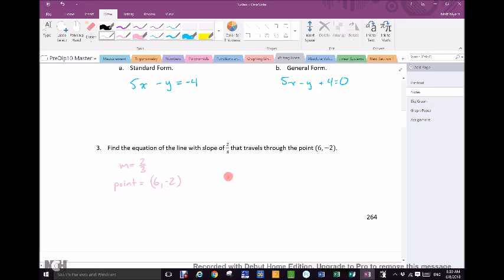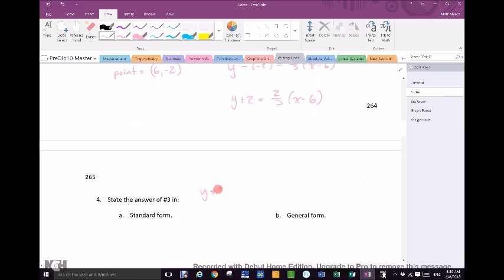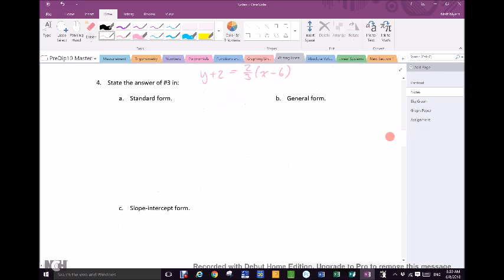Slope-point. y minus -2, because that's the point, equals 2/3 (x minus 6). Would I ever write y minus -2? No. What do I write? y plus 2 equals 2/3 (x minus 6). When you turn the page over, you will see that we need that again. y plus 2 equals 2/3 (x minus 6). And then we will change it.